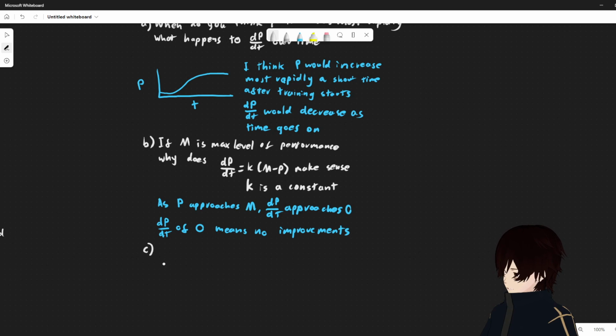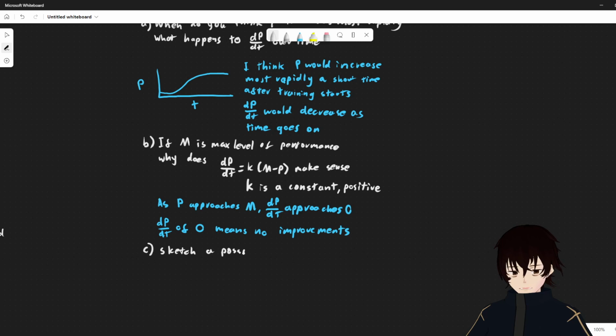C. k positive. Sketch a possible solution. To be easy enough, just draw a graph.